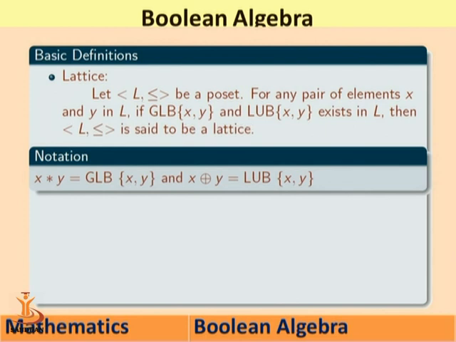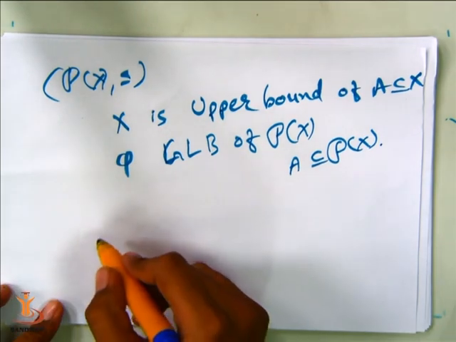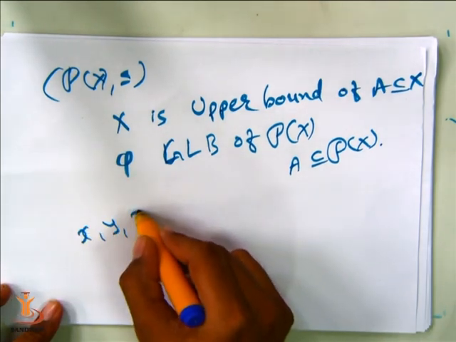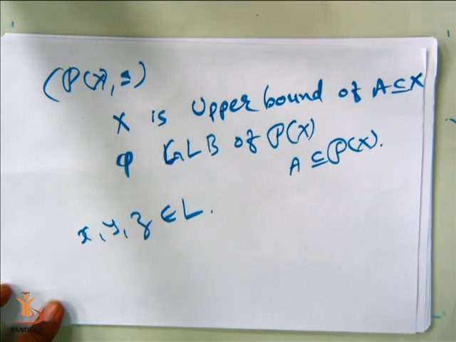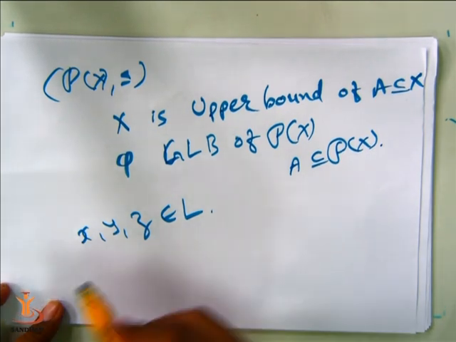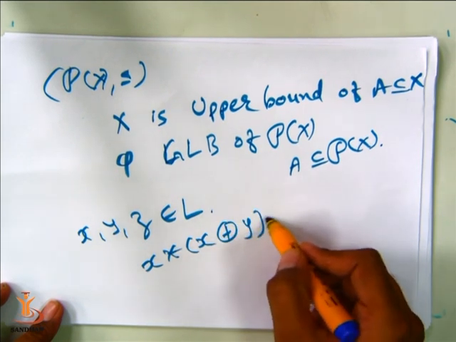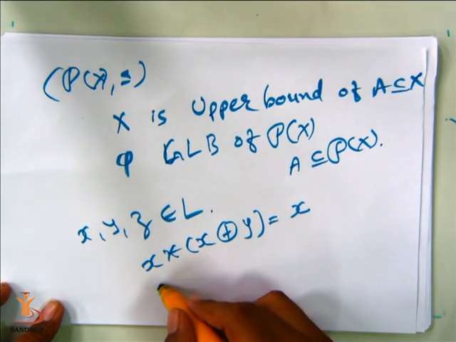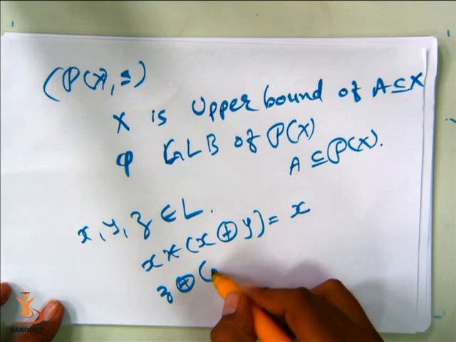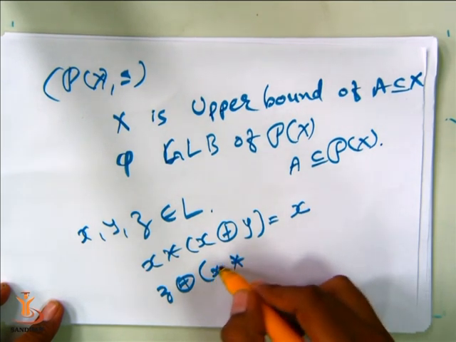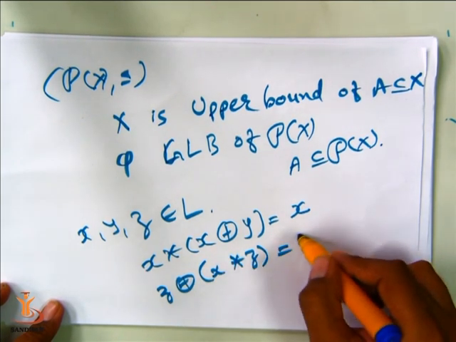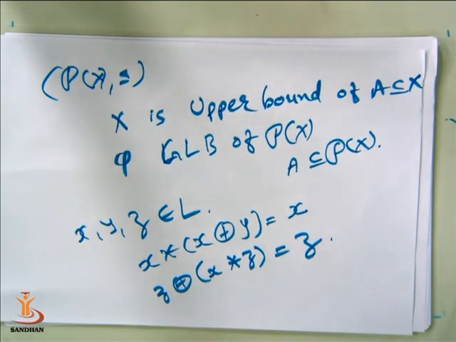Also, star and ring sum satisfy the absorption law. Now let us see what the absorption law is. For three elements X, Y, Z from lattice L, X star (X ring sum Y) equals X, and Z ring sum (X star Z) is again Z.